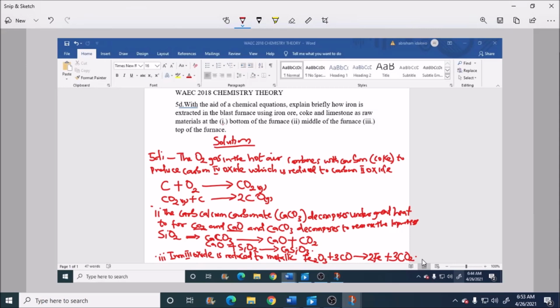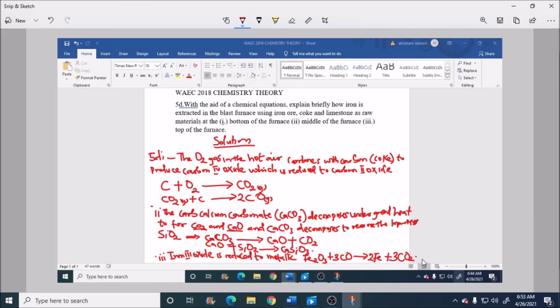Then at the middle of the furnace, we have the calcium carbonate, CaCO3, decomposing under great heat to form carbon 4 oxide and calcium oxide. And this calcium carbonate decomposes to remove the impurities, silicon oxide.